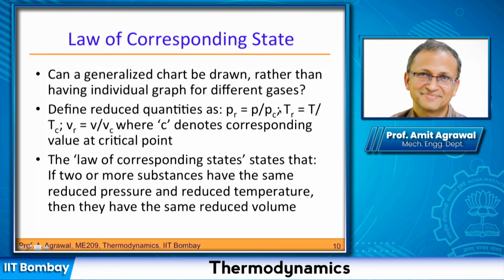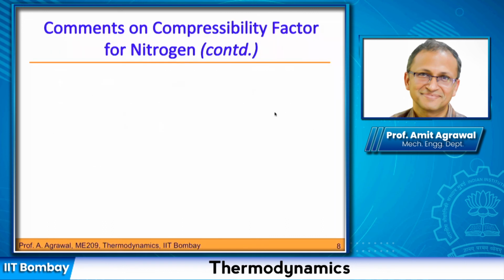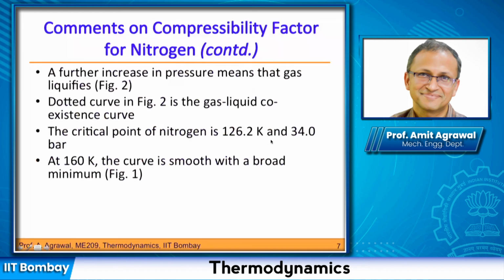It is the pressure corresponding to the critical value. For nitrogen, it has a certain value, 34 bar pressure and 126.2 Kelvin as the temperature.